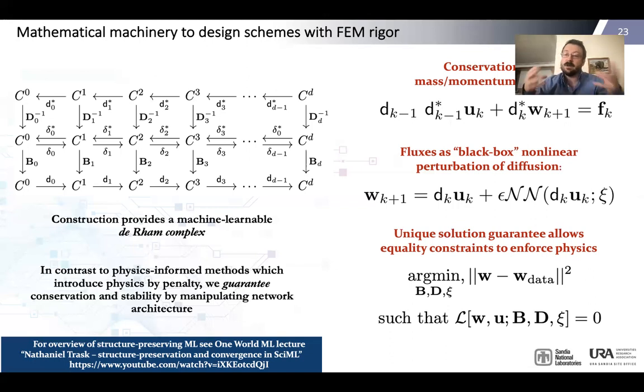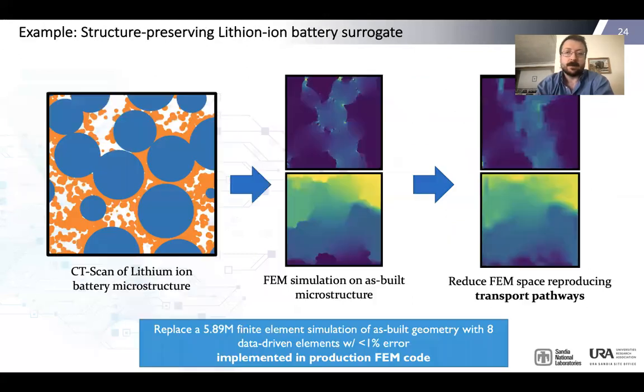And so we learn our physics as a nonlinear perturbation of a diffusion problem, and that lets us prove lots of things about it, including that a solution exists, it's unique and it's stable, and that lets us do things like work with equality constraint optimization. And so that's how we can exactly enforce physics in these kinds of architectures, in contrast to things like physics-informed machine learning, which is popular and also useful in its own way, but only enforces physics by penalty.